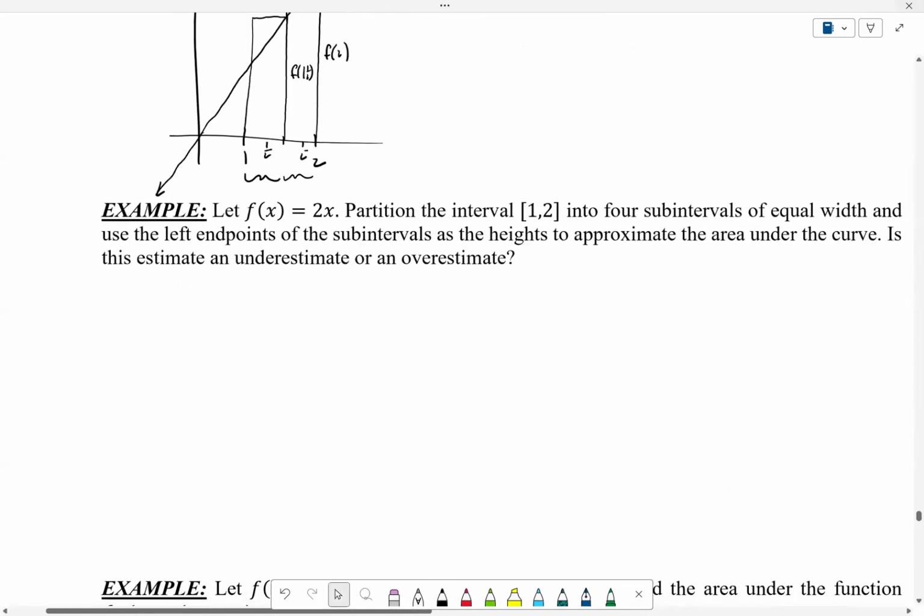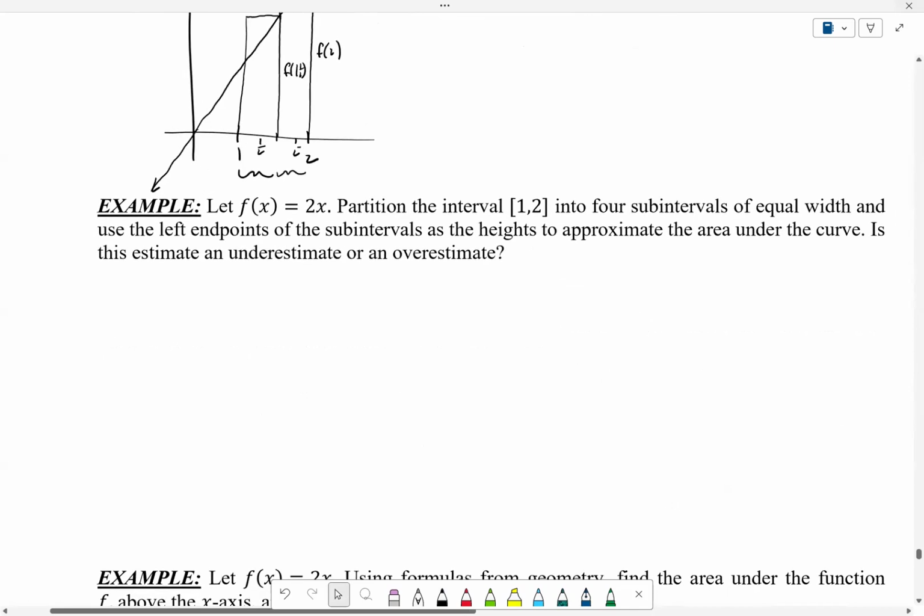On to this next example, except I'm gonna make it gnarly. I'm gonna make it this: 2x, x squared plus 3. You see that 1 to 2? Let's make that 1 to 8.